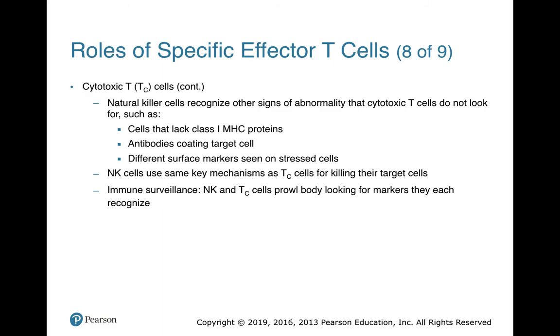They will also target cells that have antibodies on them, and they also target proteins that are expressed when a cell is under stress. They use the same mechanisms as cytotoxic T cells. So together with cytotoxic T cells, natural killer cells are an important part of immune surveillance.